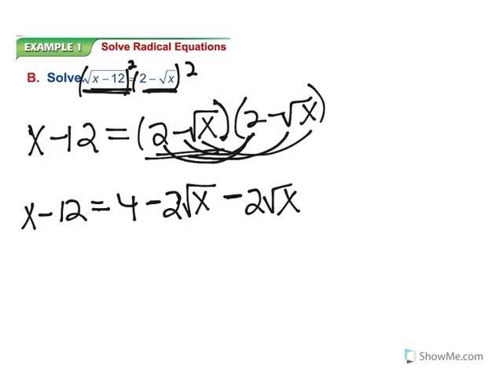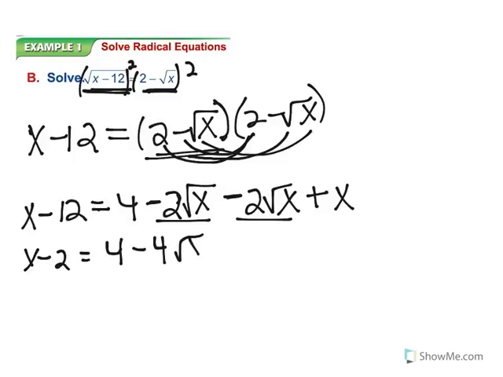And then the last: negative square root of x times negative square root of x is positive x. Now I have x minus 12 equals 4 minus, combining these two middle terms, negative 2 minus 2 is negative 4 square roots of x, plus x.